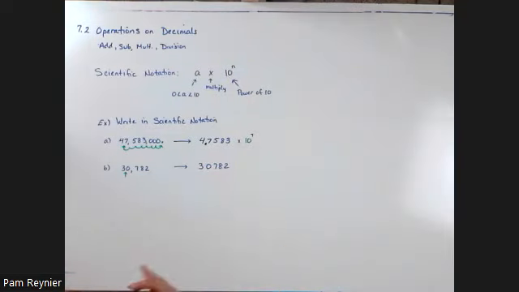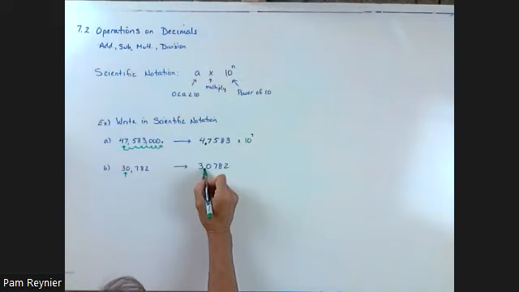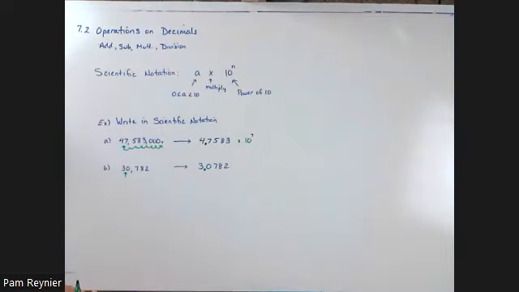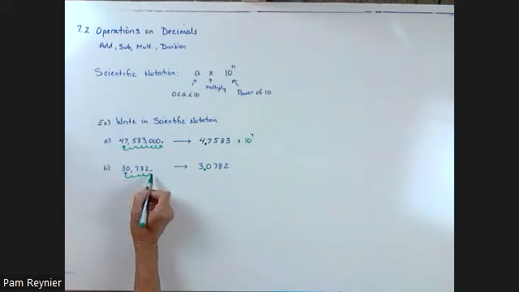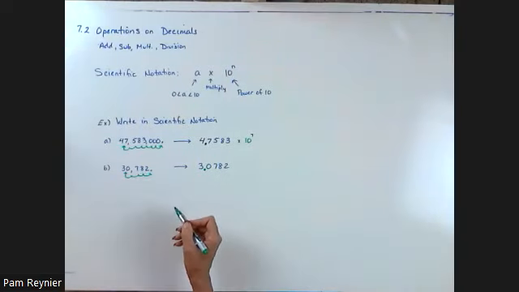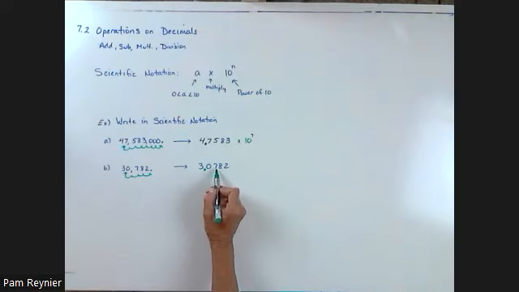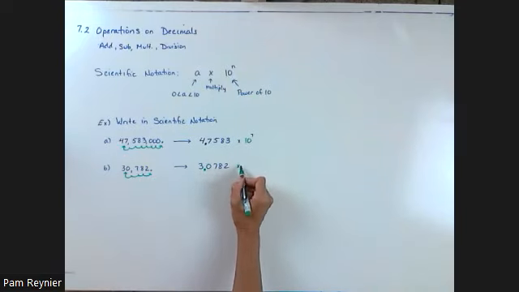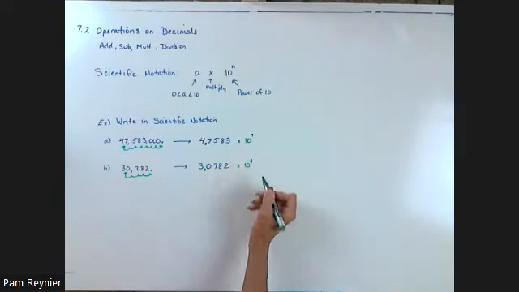I don't end in 0, so I don't have to worry about it. How far to the right does it need to go to get it back to the original? 1, 2, 3, 4. It has to move 4 to the right. Since I'm moving to the right, that's a positive 4.